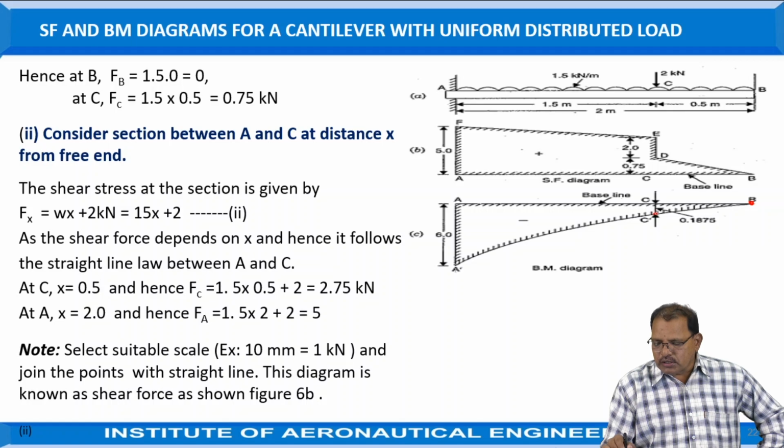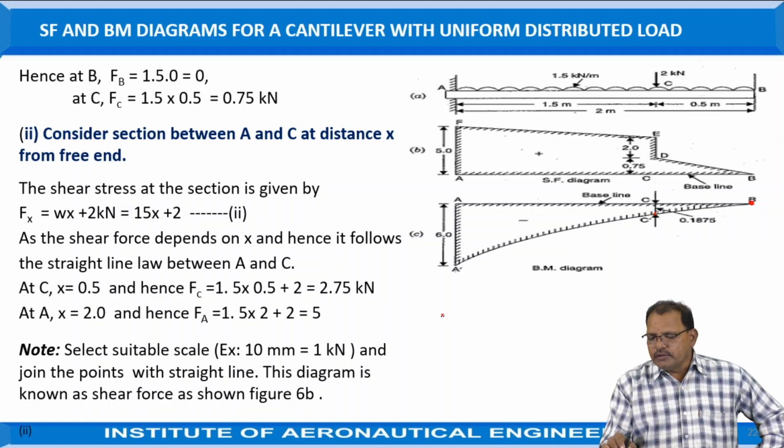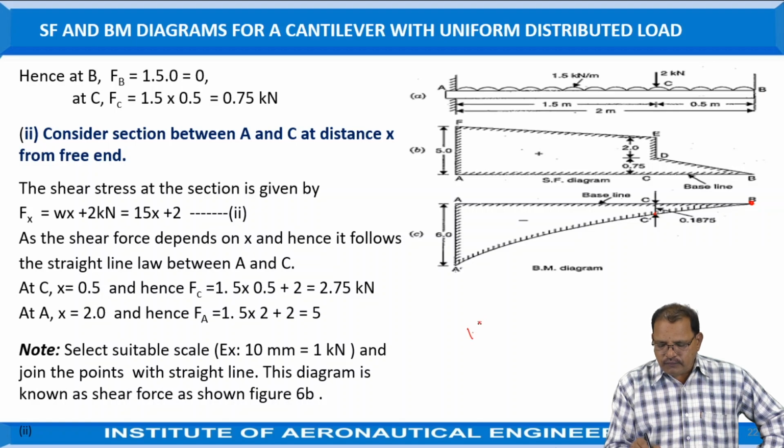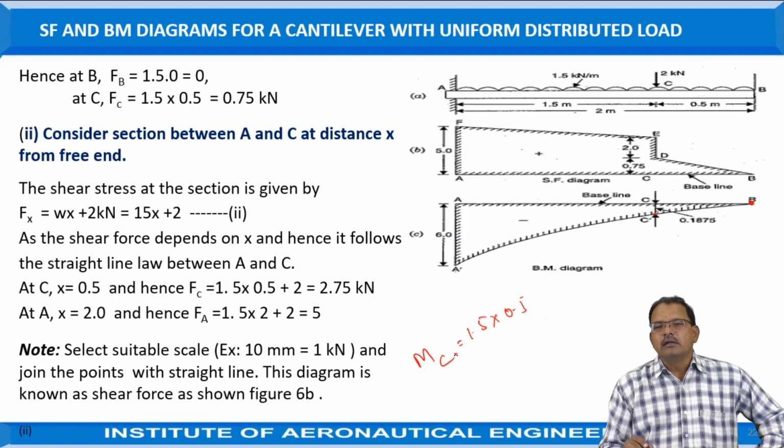At C position now, the bending moment is equal to the load multiplied by the distance. The load between B and C we can take as 1.5 into 0.5. This is the load, the bending moment at a distance of C, that is 1.5 into 0.5.